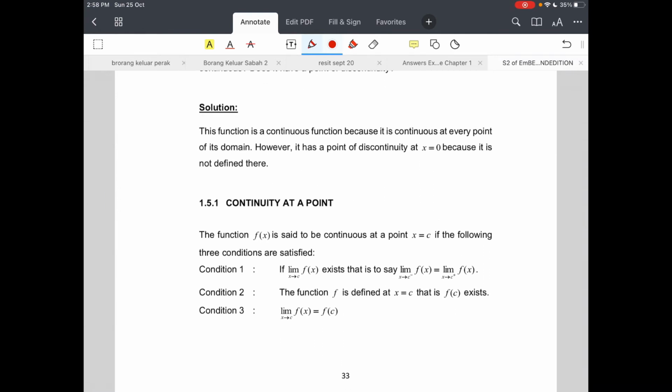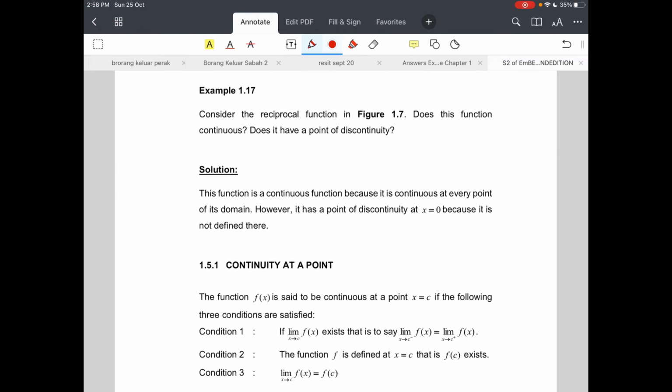Now back to example 1.17, referring again to the same figure 1.7. If you can recall, this is figure 1.7. Is this function continuous, and does it have a point of discontinuity?